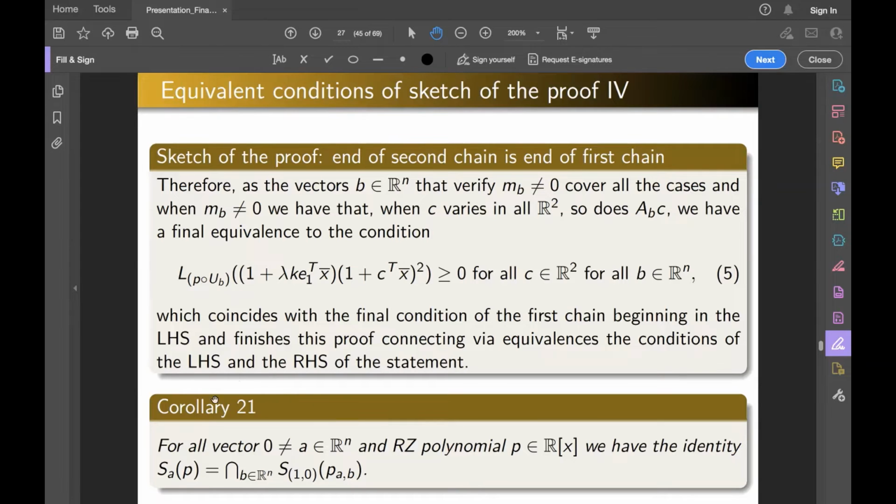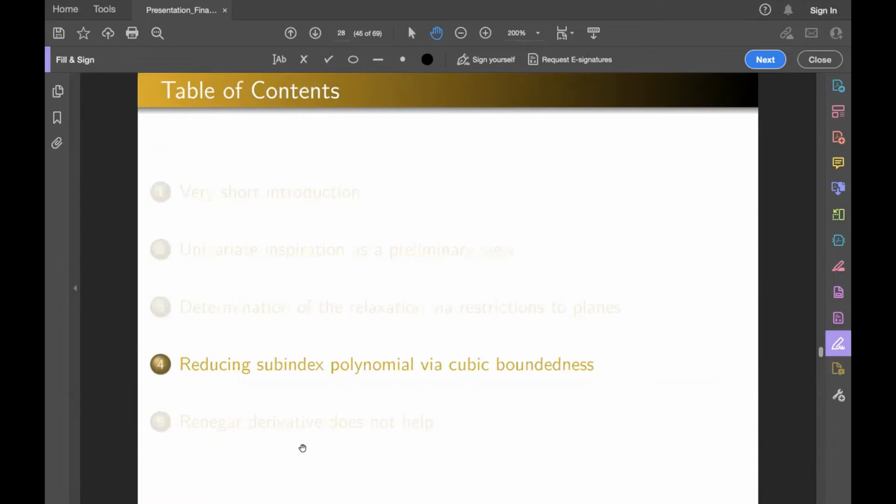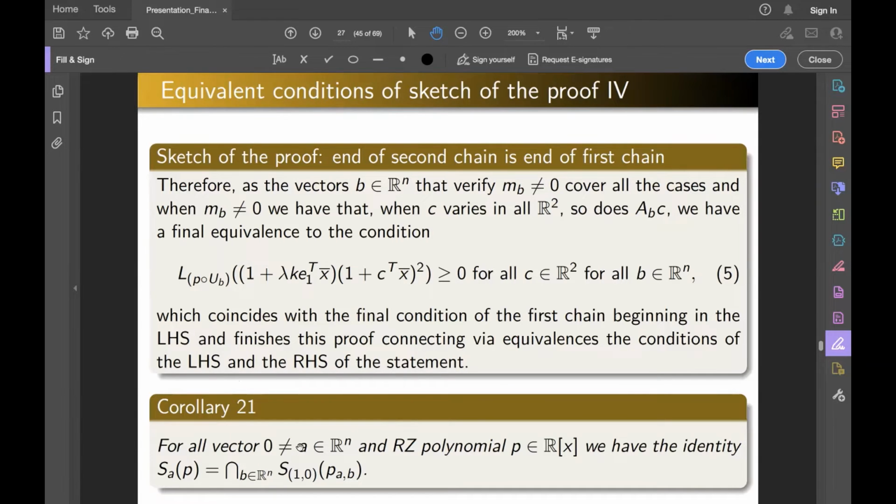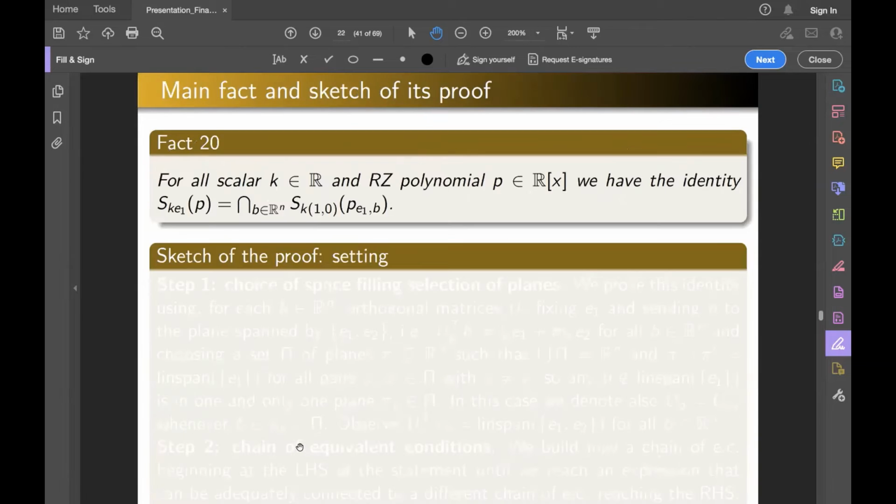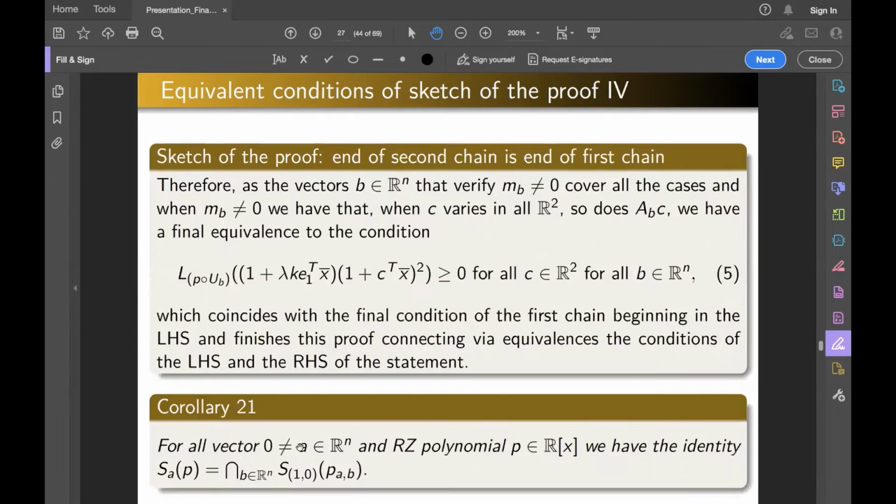And as a corollary of this result, we get the identity not just for the first canonical vector, but for whichever vector you begin with, whichever A. And this result basically solves our problem when we can find nice expressions for the relaxation. And this happens when we have a determinantal representation.